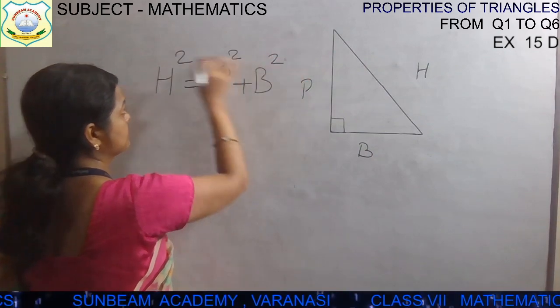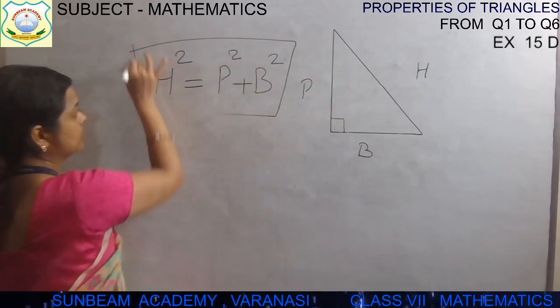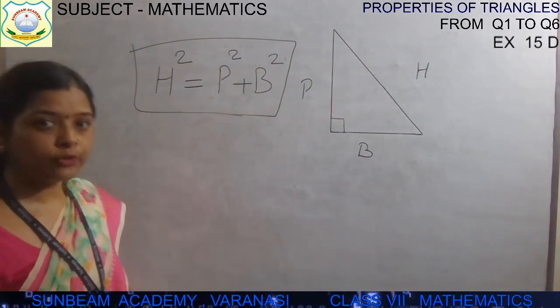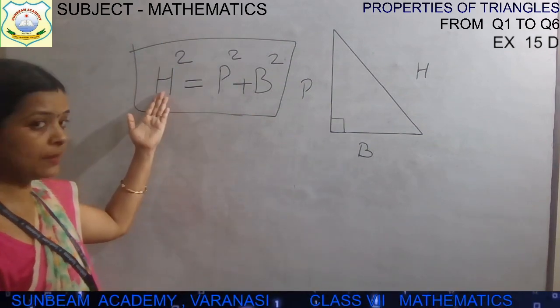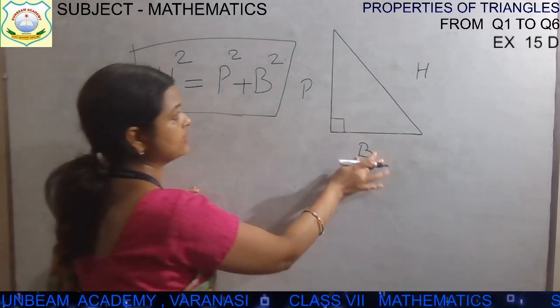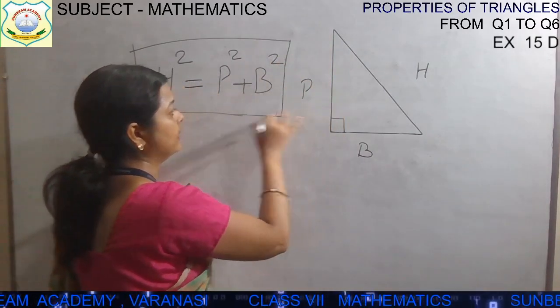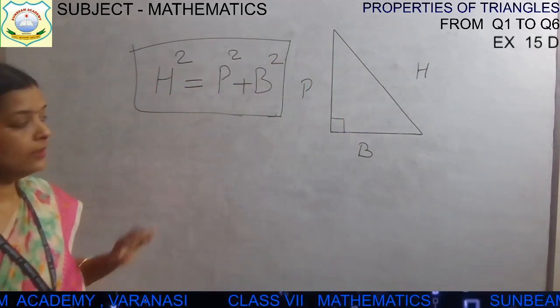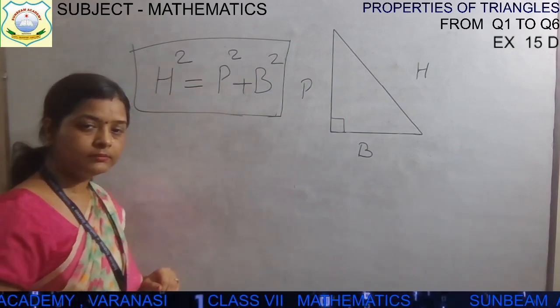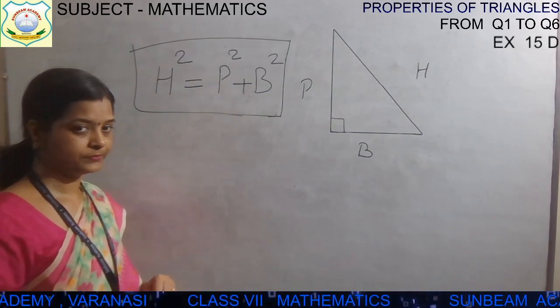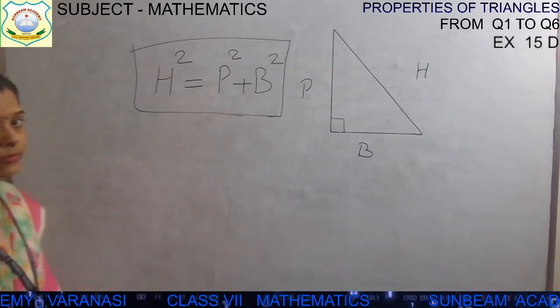This is the Pythagoras theorem. And if you have to find the value of the hypotenuse, if the other two sides are given, children, we can find the third side by using this particular formula. This is the Pythagoras theorem formula.